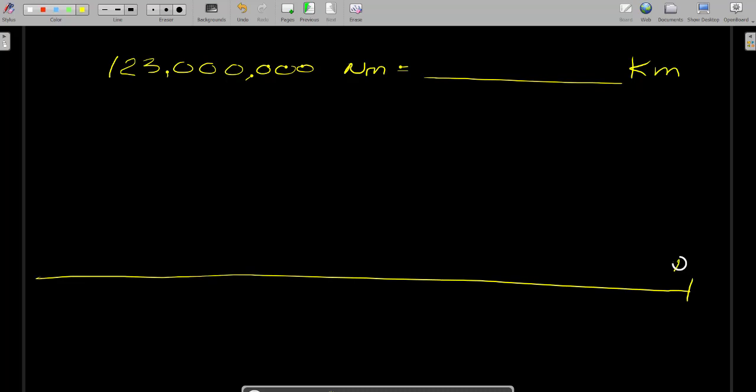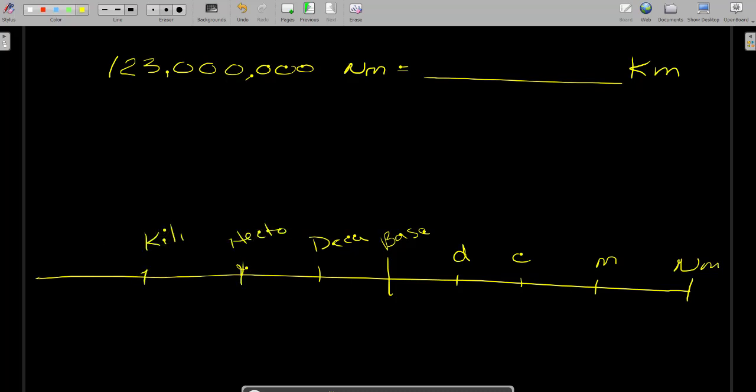This is micro, milli, centi, deci, base, deca, hecto, kilo. Okay? Same rule applies here.